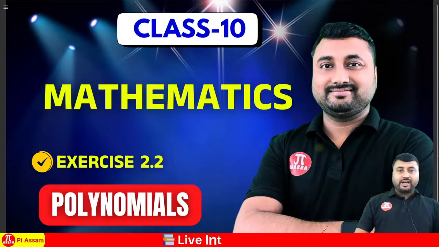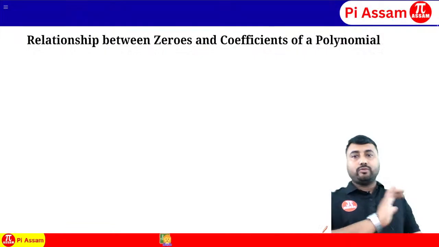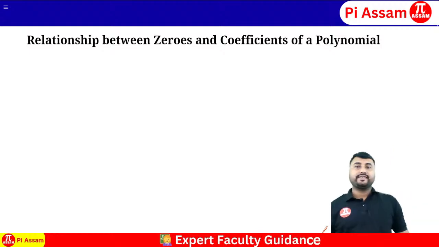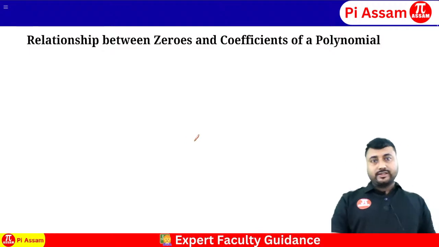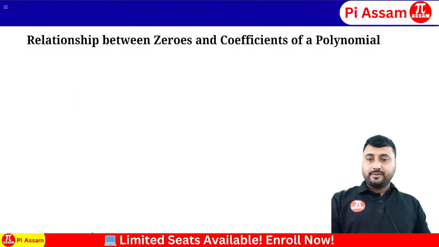Okay, so today we are going to discuss the polynomials exercise 2.2. First of all, we are going to discuss the relationship between zeros and coefficients of a polynomial.